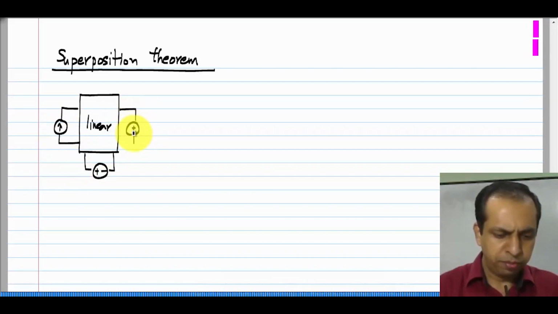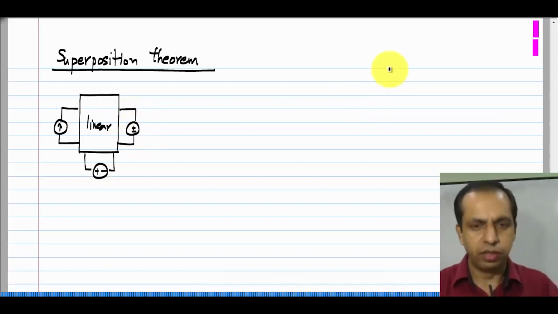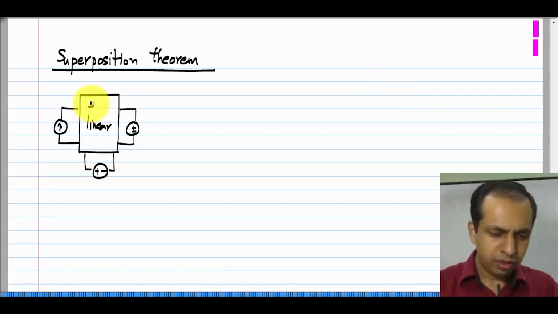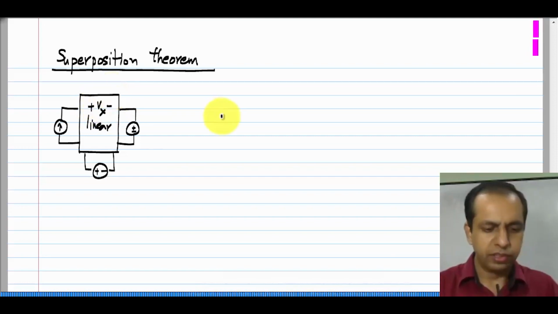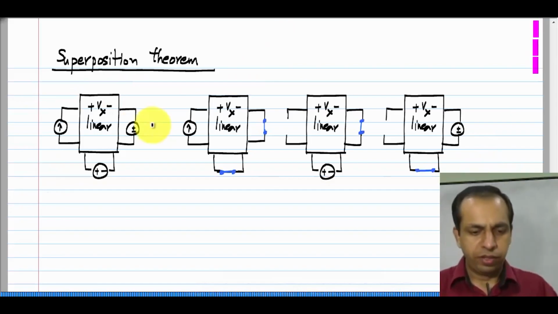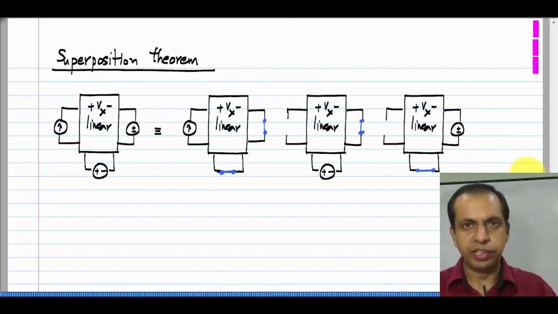Just for simplicity's sake, I will consider this. What I had said earlier was, let us say I have to measure Vx somewhere in the circuit, then I will think of it as the sum of these 3 cases.